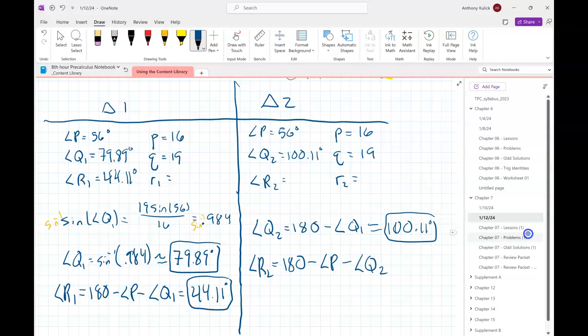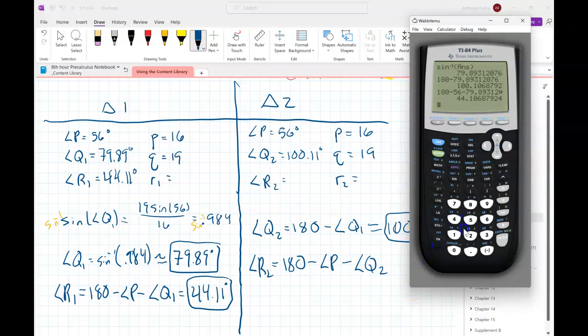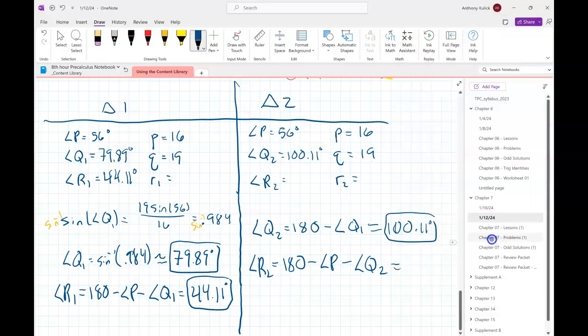Make sure that you're using your angle Q from triangle 2 when solving for R2. This is why I try to divide my problem into 2 separate sections like this, so I don't get confused as to which number goes where. That gives me about 23.89.